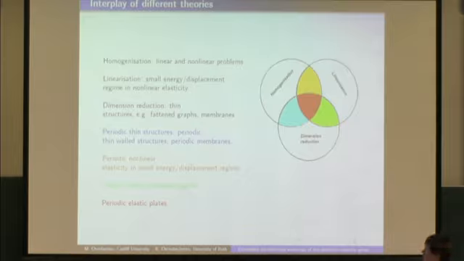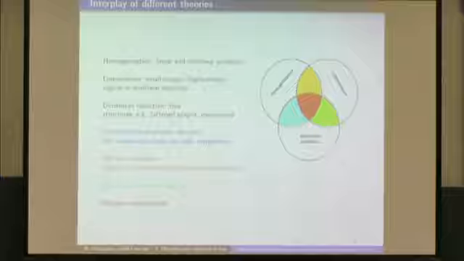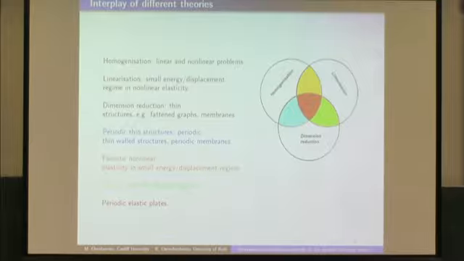Okay, and another thing is dimension reduction. It's a study of various structures which are thin walls or probably rods. It can be periodic or non-periodic. So examples are flattened graphs, for instance, and when the size of this flattened graph goes to 0, you end up with a one-dimensional graph. Or you can study membranes or plates, like here.